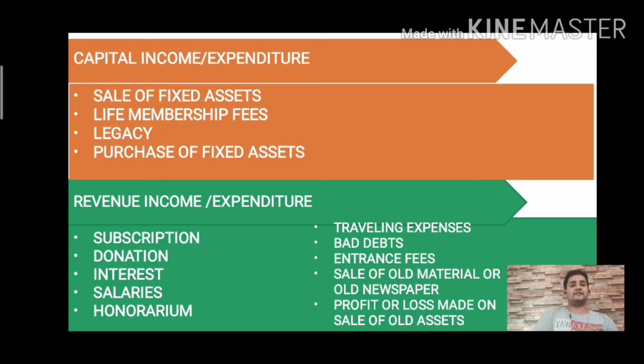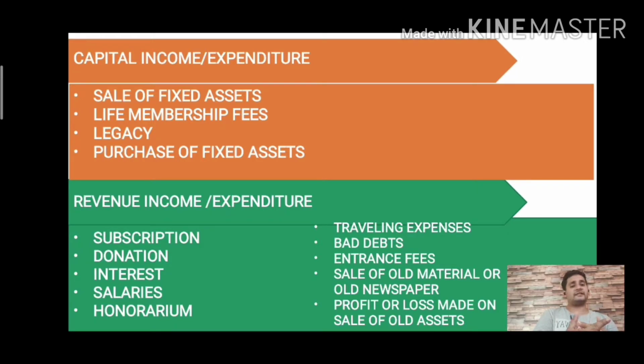Life membership fees is also treated as capital income, because life membership fees is a one-time fee, paid once for a lifetime. So it is capital in nature. A legacy is also like a donation, so it is also capital income.